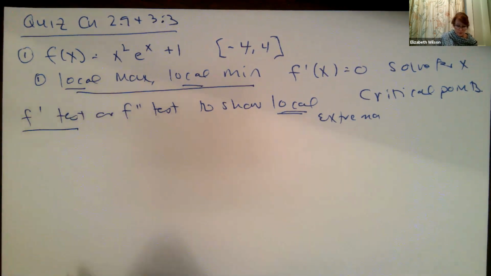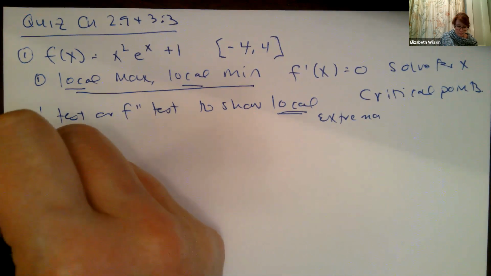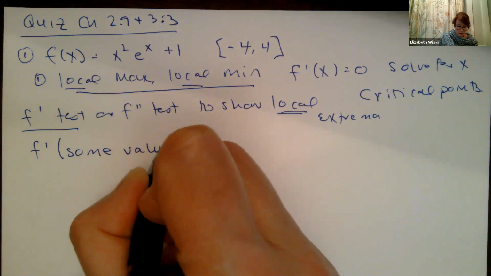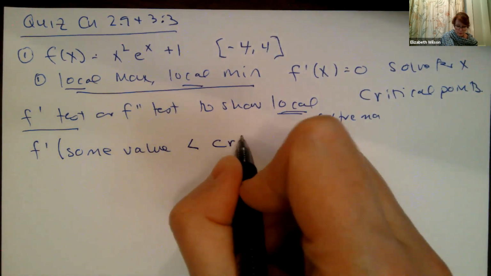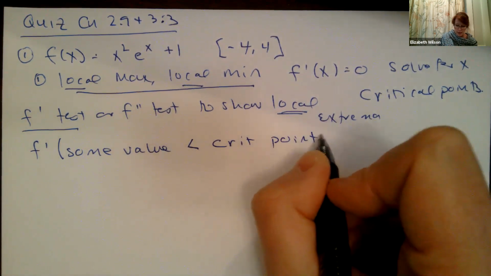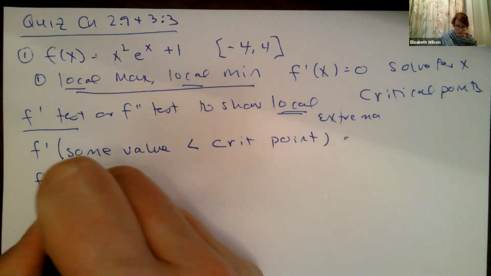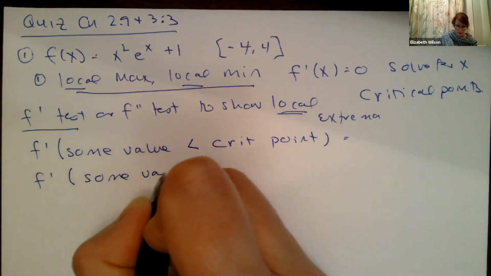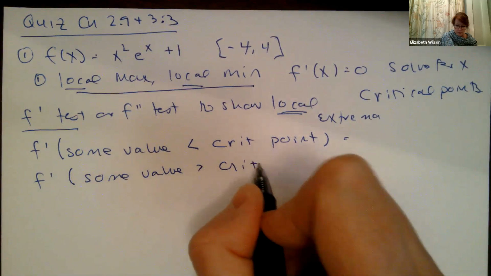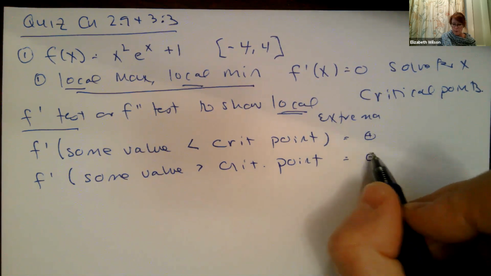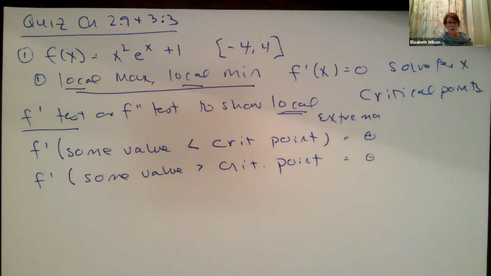For my first derivative test, I test the first derivative at some value less than my critical point, and I get positive or negative. Then I test some value greater than my critical point. I'm looking for a sign change around my critical point.